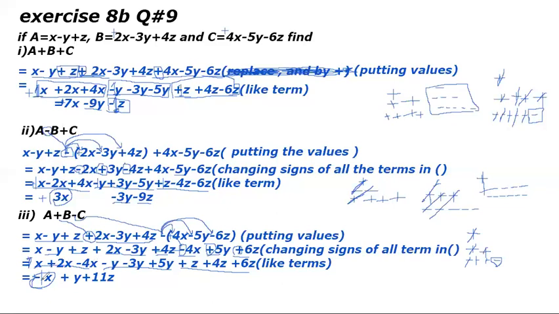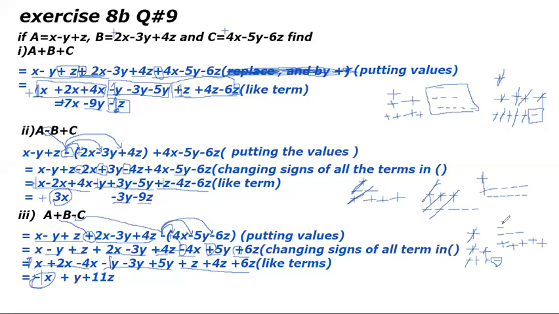Okay, negative 1x. Now negative y means negative 1y. Negative 1y means negative sign 1 time. Negative 3y means negative sign 3 times, and positive 5y means positive sign 5 times.